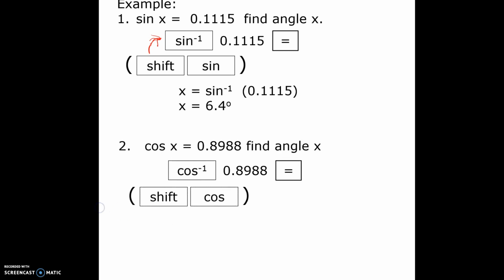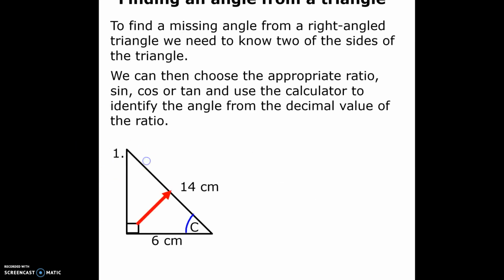So let's look at it with an angle here. Here we have arrows just pointing us that this is the hypotenuse, because remember, hypotenuse stays the same. So we want to see what we have for ratios. We're looking for angle C. 14 is hypotenuse, because it is opposite of 90 degrees. 6 is adjacent. So we look at our 3 ratios, sine, cosine, and tangent.